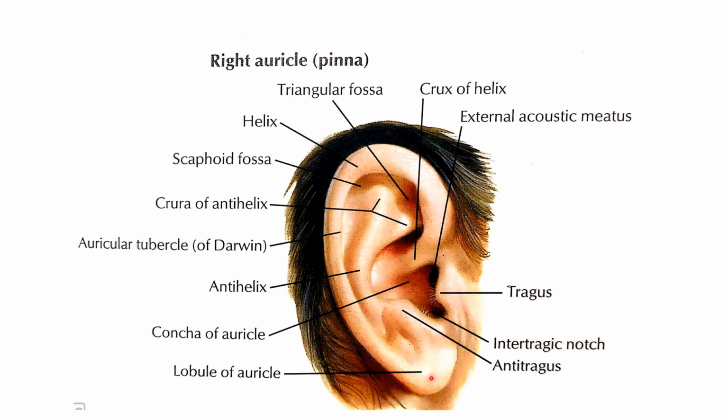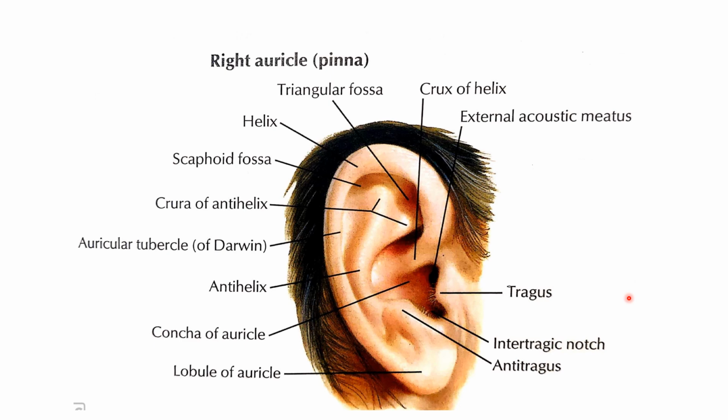Now we are going to discuss the features of the auricle. In this picture you can see the different features of the auricle on the lateral surface. We can divide the auricle into two surfaces: the lateral surface, which is irregular and presents a concavity facing forward and laterally.